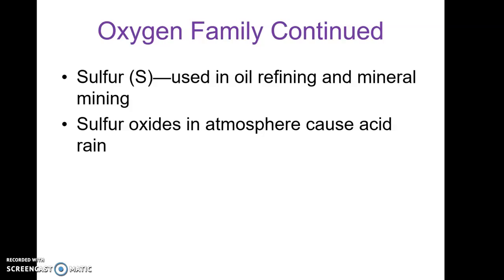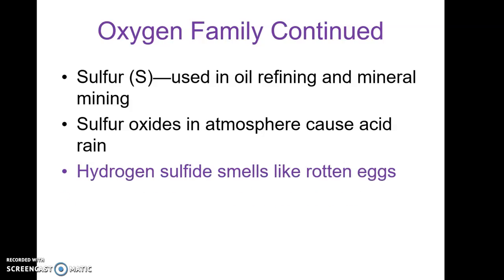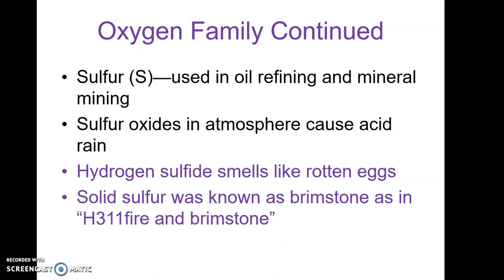So sulfur oxides, unfortunately, when we are using them in industries or actually just refining the contents that are in the earth that have that bonded, it can cause acid rain, which doesn't go well. Hydrogen sulfide is a compound that smells like rotten eggs. And fun fact, solid sulfur was known as brimstone, as in fire and brimstone.